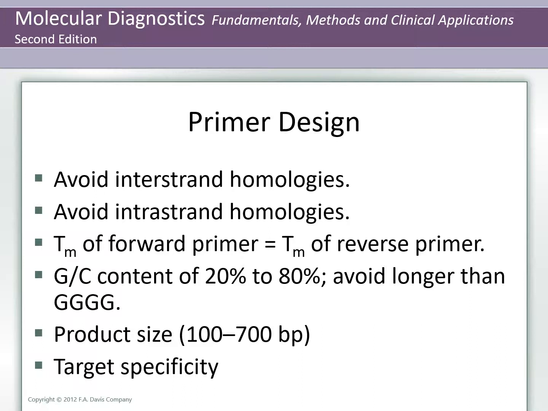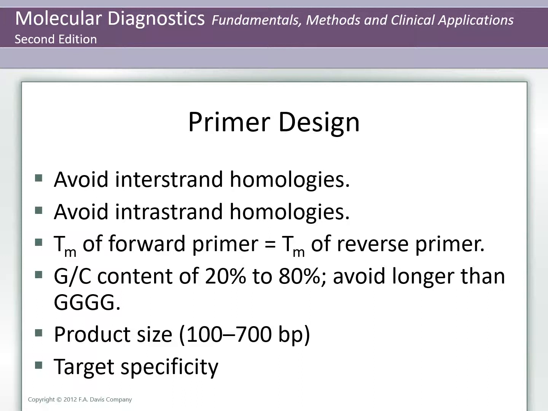This primer Tm then serves as a starting point for setting the optimal annealing temperature, the critical step for the specificity of amplification reactions. Primers should be designed such that the forward and reverse primers have similar melting points, so both will hybridize optimally at the same annealing temperature.